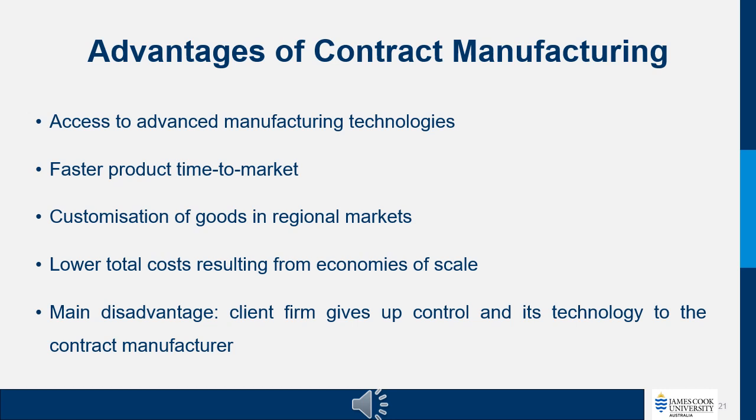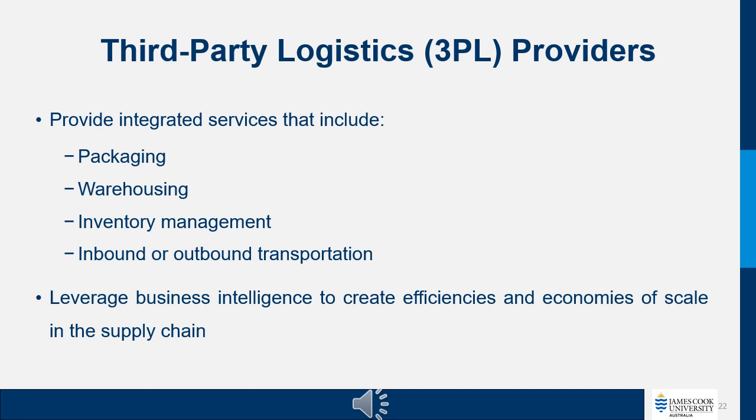Third party providers, known as third party logistics providers as well, are external entities that offer integrated services to assist companies managing various aspects of the supply chain. They offer a range of services to support the smooth flow of goods and information throughout the supply chain. Some of those services can be packaging, which involves designing and creating appropriate packaging solutions for a product.